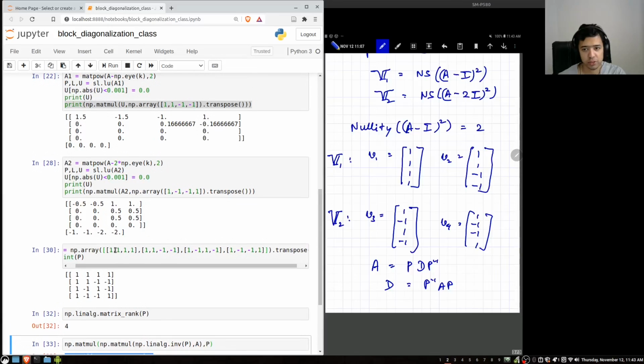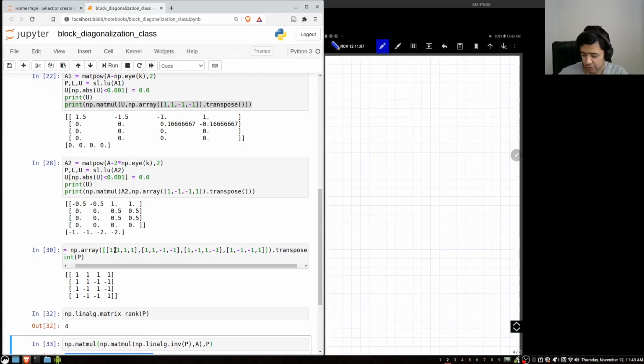Okay, so essentially what did we do? We first found the eigenvalues of A, and we found the minimal polynomial. So the goal was to find the minimal polynomial as a product of irreducible polynomials, P1 of x to the R1, P2 of x to the R2, and so on.